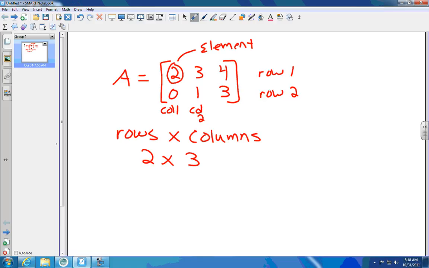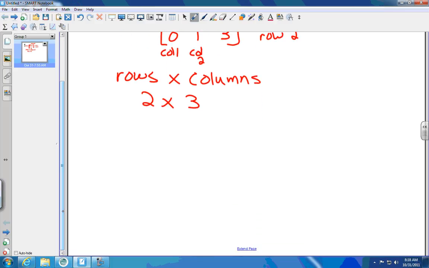So going ahead there to that example right under there, example 3, we have y and 3x. So what's the dimensions of that one? How many rows do we got? These, like this 3x, that's just one element.